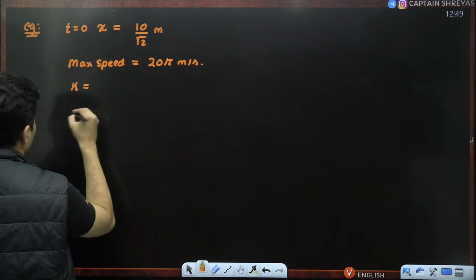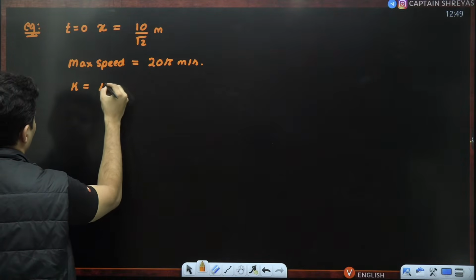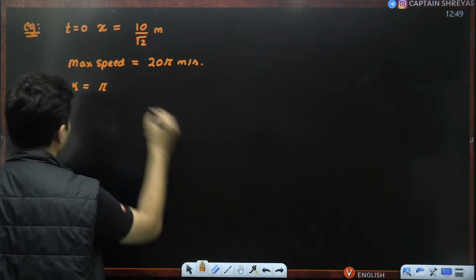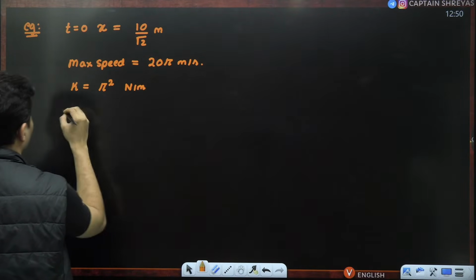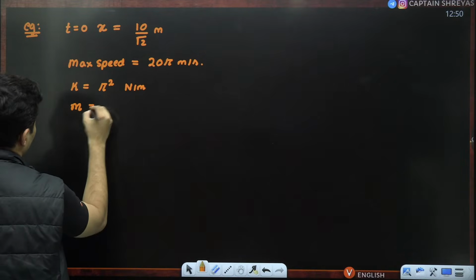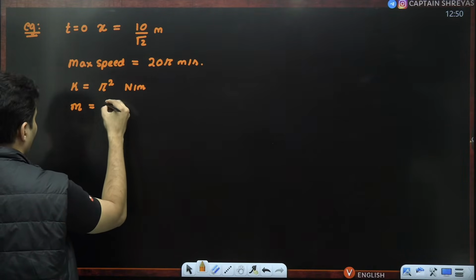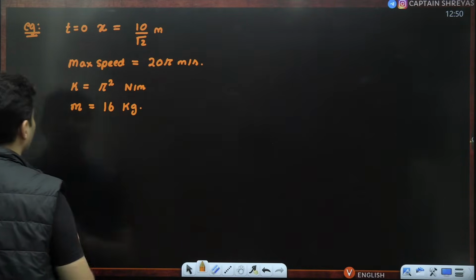Spring constant is, let's say, pi square Newton per meter. Mass is, let's say, 16 kg.